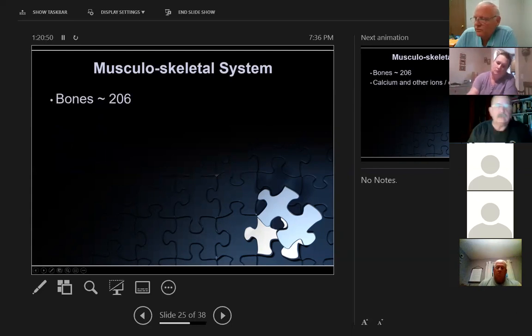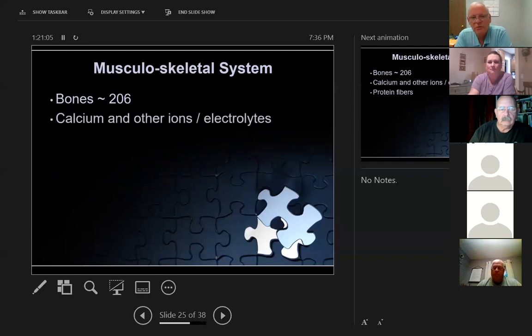So talk about bones. There's three main components of the musculoskeletal system. Bones, we have roughly 206 bones in our body, plus or minus a few sesamoid bones, little tiny bones that really don't count. Bones are composed of calcium primarily and other ions or electrolytes, and the bones are a repository for these electrolytes, the sodiums, the calciums, potassium, all those sorts of things, chlorides.